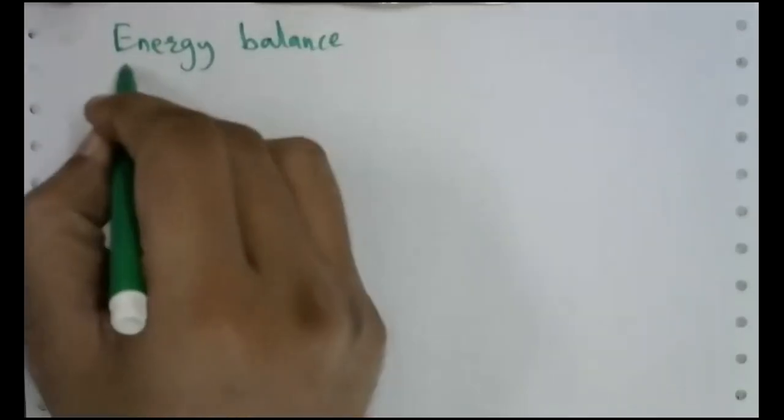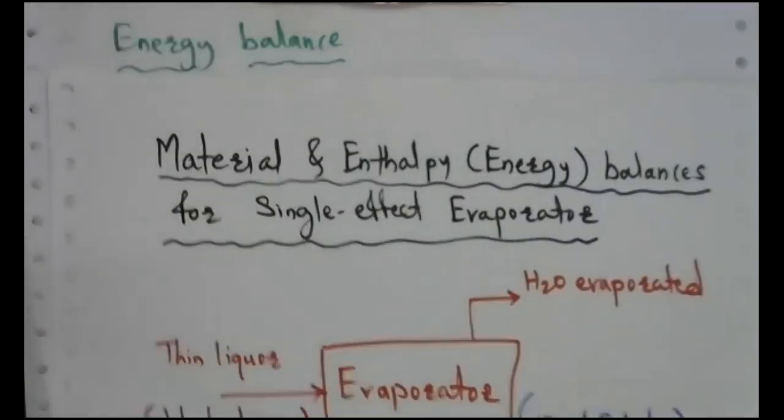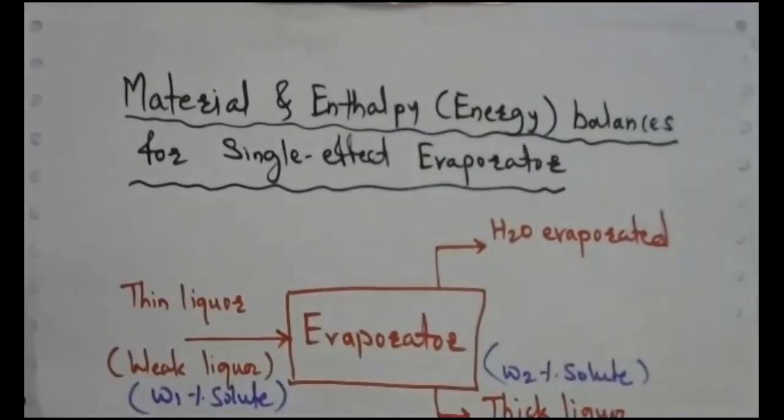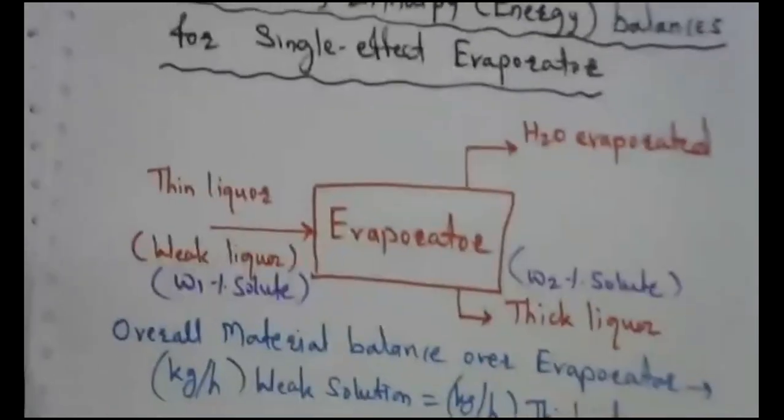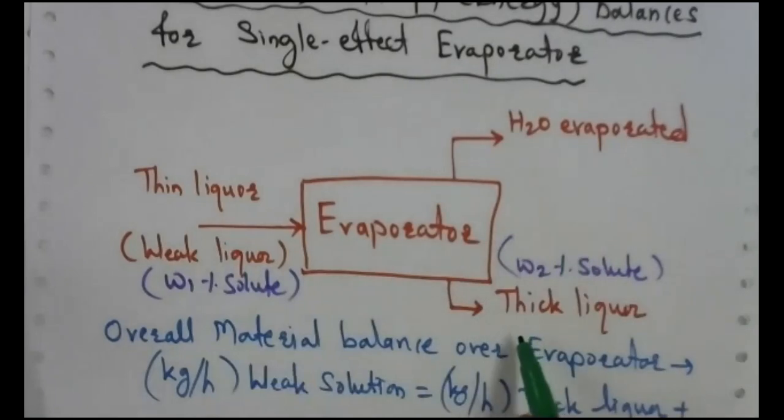Energy balance or enthalpy balance, or it is also called the heat balance, right? So we know the diagram, that is input equal to output. So we are going to provide the steam as a heating media for this evaporation operation, because this is the material input, these are the material output.